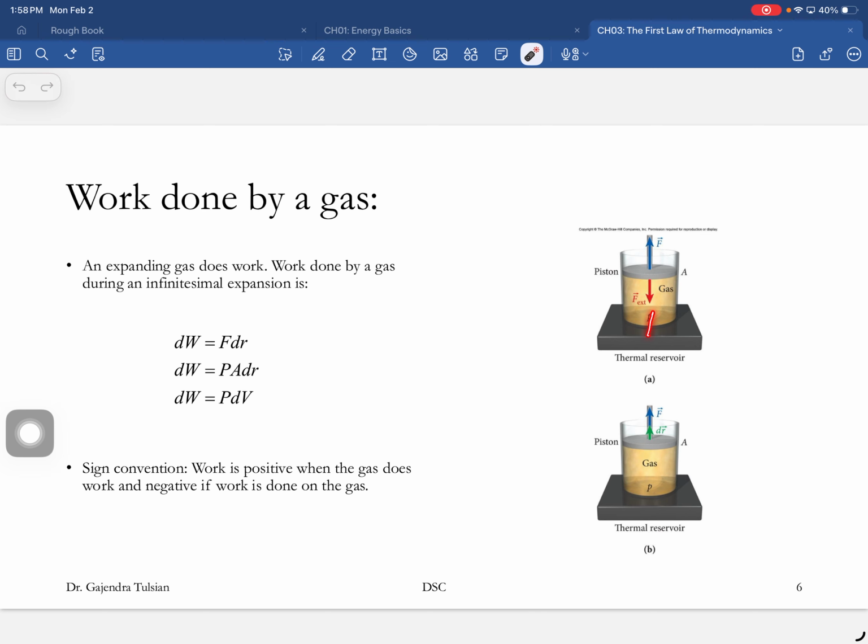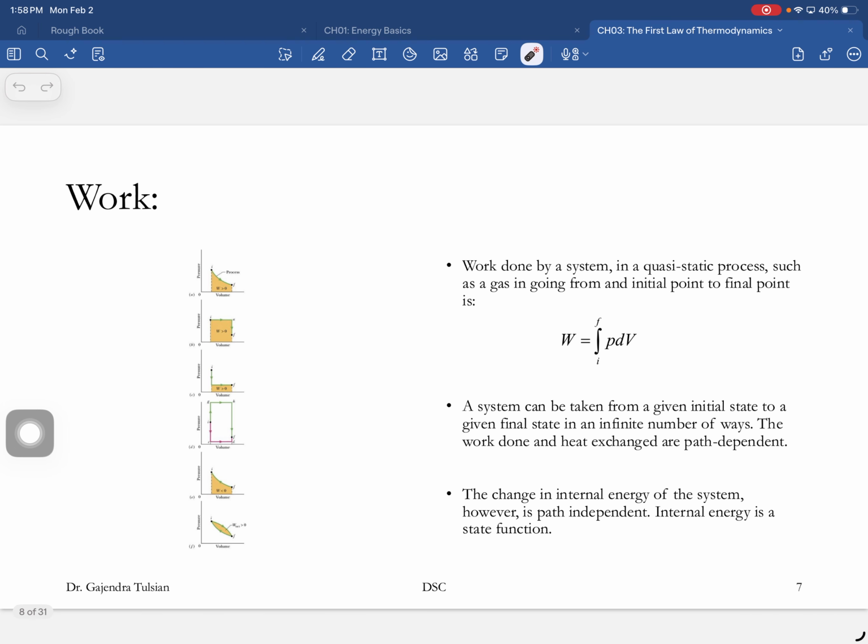Now what do you see in these graphs? To go from the initial point to this final point, how many paths are there? An infinitely many number of paths. The amount of work done is path dependent.